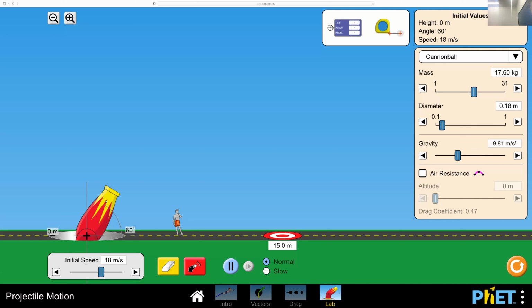So the range is 15. 15 is equal to what did you substitute?